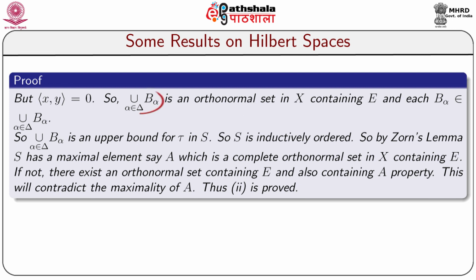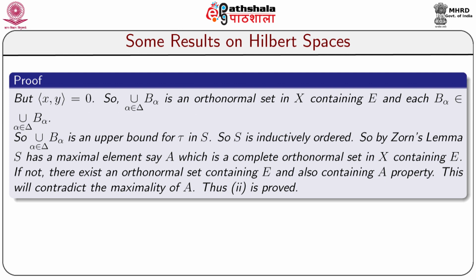So, the union of B alpha is an orthonormal set in X containing E, and each B alpha is contained in the union of B alpha. So, the union of B alpha is an upper bound for tau in S.